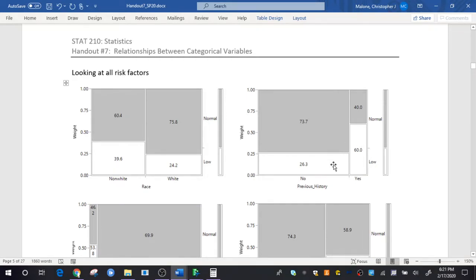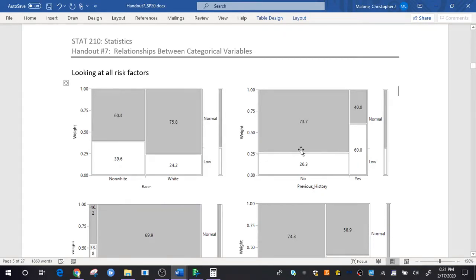Pretty substantial difference here between whether or not a mother had previous history, and whether or not the mom was going to end up with a low birth weight baby. So previous history here is going to be an important risk factor. It is fairly predictive in whether or not a mother is going to have a low birth weight baby, because there is such a substantial difference between what I'm seeing on this side versus this side.